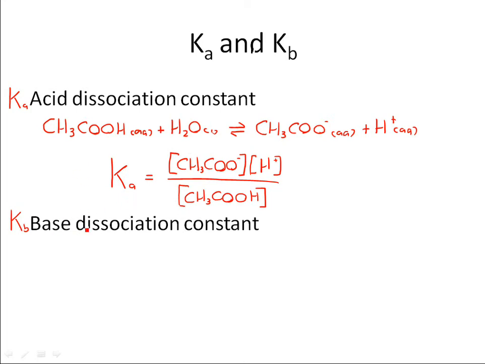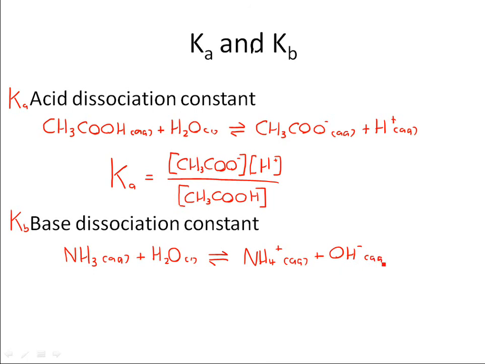And let's have a look at Kb. So for this example, I'm going to use ammonia, which is a weak base, plus H2O. Now the water is going to donate a proton to the ammonia to give us NH4+, and what's left is OH-.